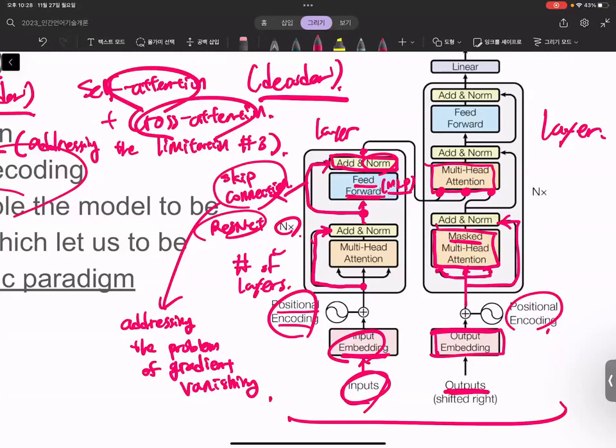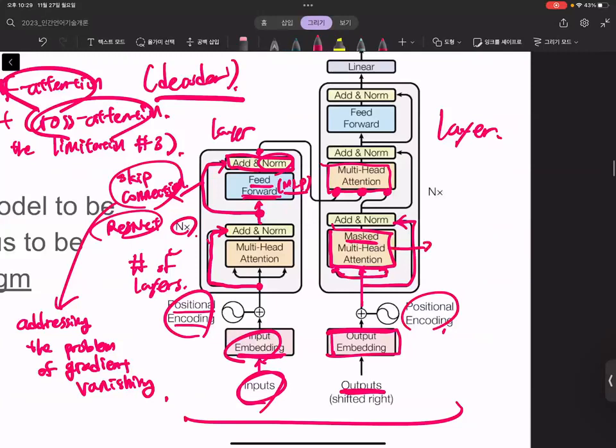That means the model cannot look forward, by the mask.